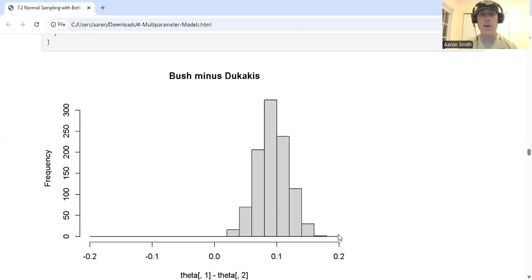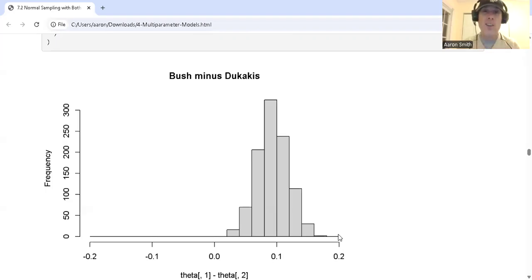Okay, so we end up getting similar results. We can see that the distribution is a little bit shifted to the left, but overall we reach the same conclusion. We see that this difference between the parameter estimates as a distribution is, practically speaking, 100% positive, which means that this is strong evidence that Bush is going to win.